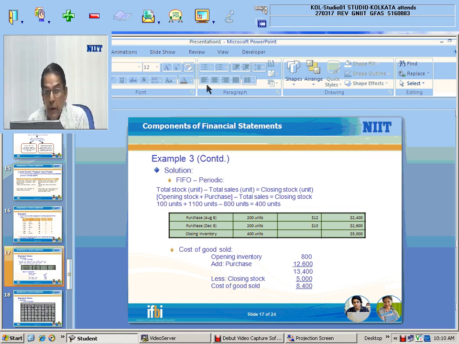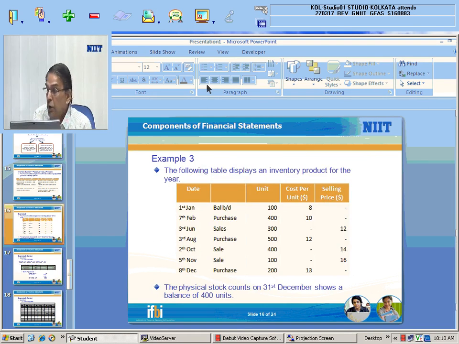Now the 400 units which are left on the reporting date, that is on 31st December, under the FIFO method, the last purchase was for 200 units. So out of this 400 units, 200 units will be considered to be from the last purchase made on 8th December and 200 units from the earlier purchase.